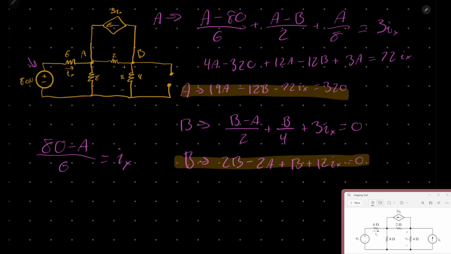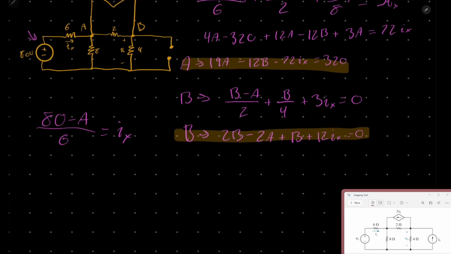And the current is going to the right here, and current goes from high to low. So we put it as such, 80 minus a divided by 6.